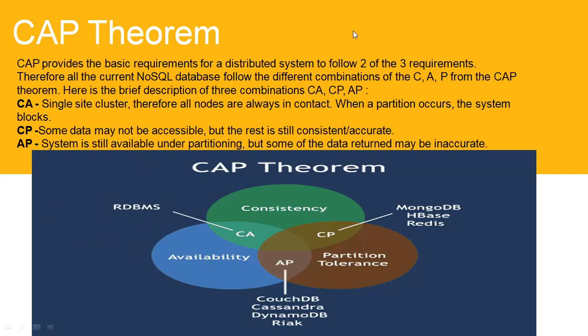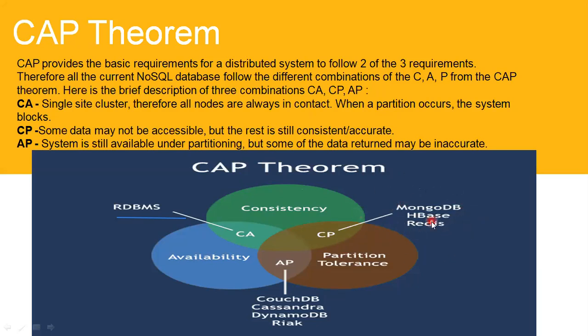If we talk about CP, that is consistency and partition tolerance, this is provided by MongoDB, HBase, and Redis.